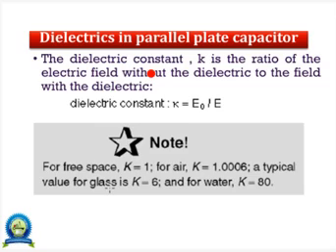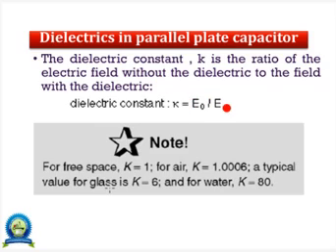And when you also place a dielectric material between these plates, that also sets up an electric field. However, the electric field set up in the dielectric will cause polarization of the dielectric material you place in between. And so we have the electric field without dielectric material, and then we have the electric field with dielectric material.